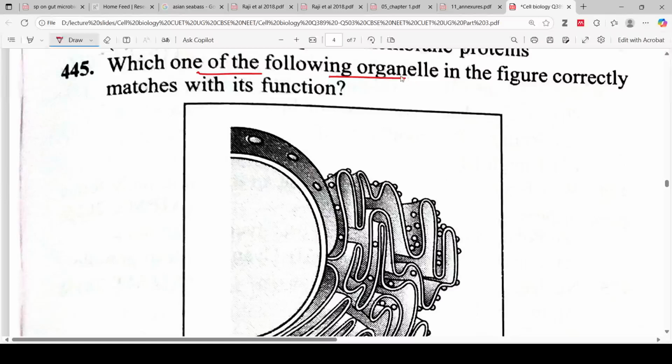Which one of the following organelle in figure correctly match with its function?